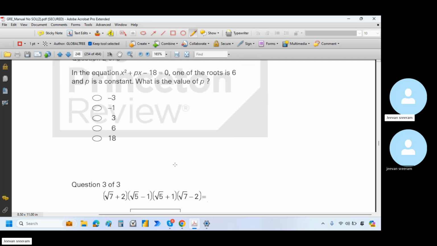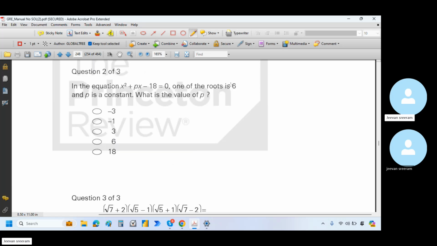Right, yeah. In the equation x square, one of the roots is 6, then p is the constant. What's the value of p? Just substitute this root. That is root, that should satisfy this equation. So 36 plus 6p minus 18 is equal to 0.